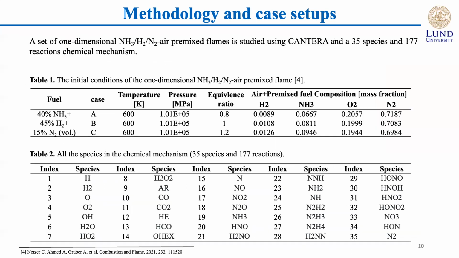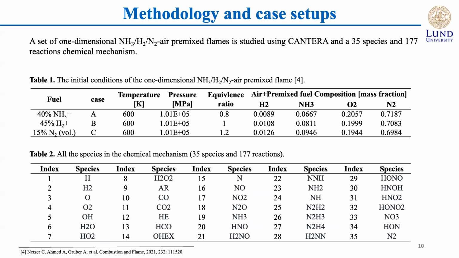After getting this method, we try to validate the new method. We studied a set of one-dimensional premixed flames. The initial condition is 600 Kelvin and atmospheric pressure. Fuel is a mixture of ammonia, hydrogen, and nitrogen, according to literature 4.